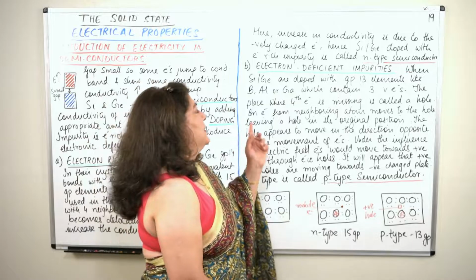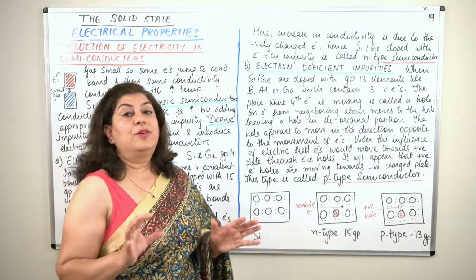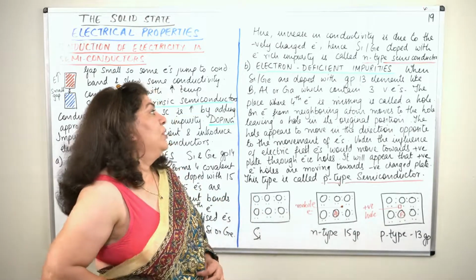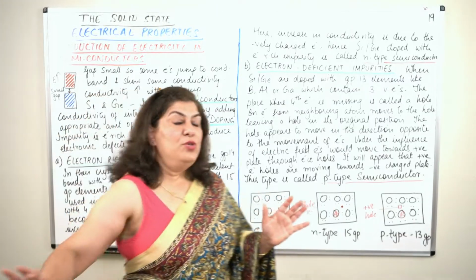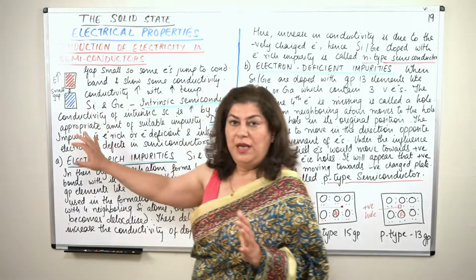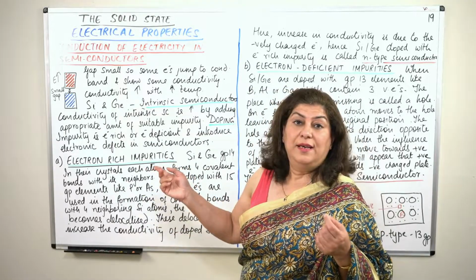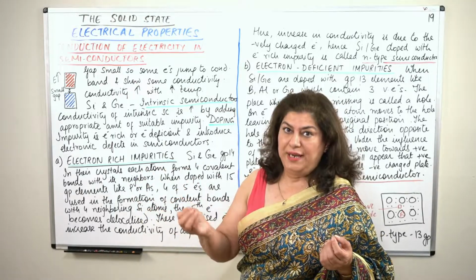Then comes the second type of semiconductors. They are doped with electron-deficient impurities. Now, as I told you, if you have group 14 and dope it with group 15 elements, they cause negatively charged semiconductors, or they have more electrons.